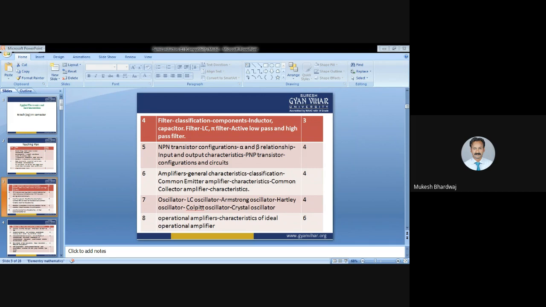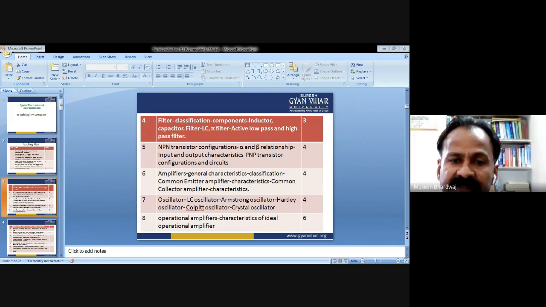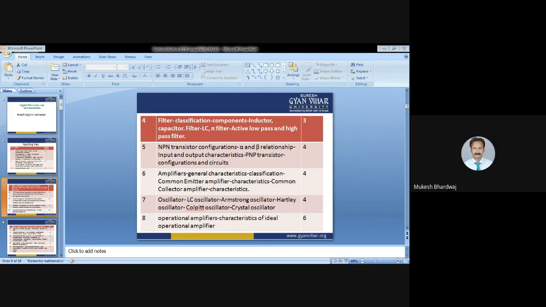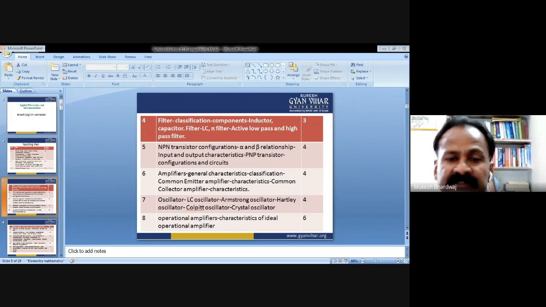Now after forming this new element, the NPN and PNP transistor, we are going to use that element in applications, and transistors are basically used in amplification and oscillations, to produce various types of outputs.